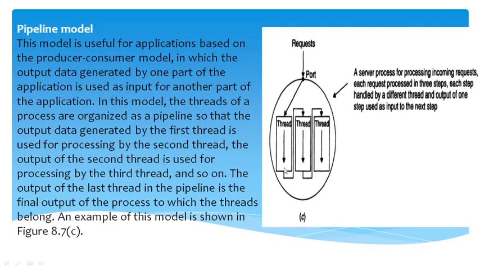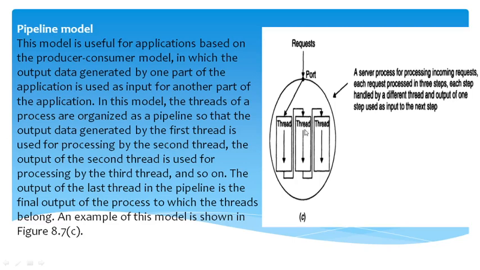See here, the output generated by this thread will be acting as input to the next thread. This thread's output is acting as input to the third thread. Like that, they are organized in a pipeline so that the output data generated by the first thread is used for processing by the second thread.